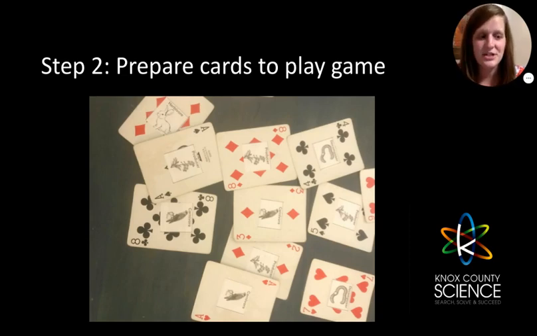As an extension, you could use the dinosaur cards that you used with last week's lesson, if they're still available, as additional cards to this game. If not, the playing cards that we have in this week's packet will work just fine. Pause while you do this step.